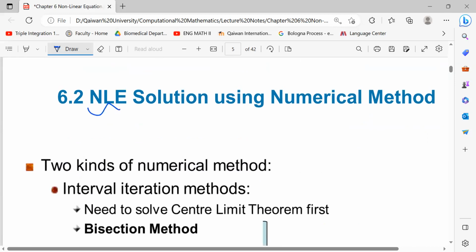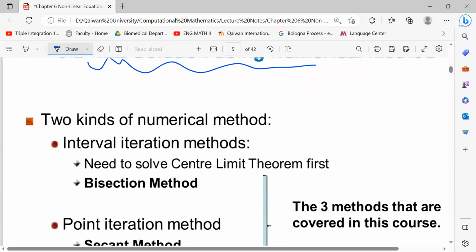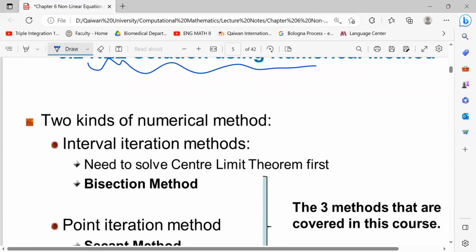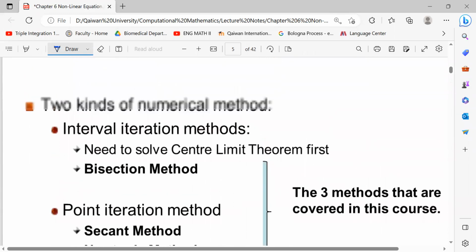For the nonlinear equation, we have 2 kinds of numerical methods. We either work on an interval or work on a fixed point, okay?